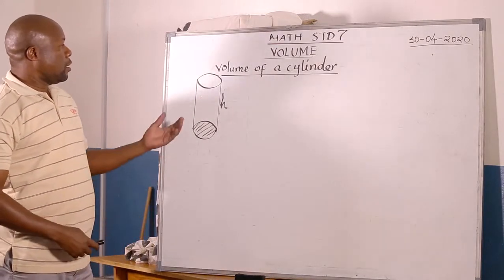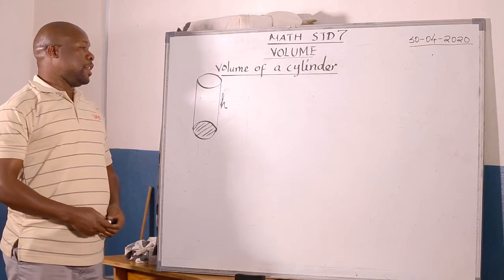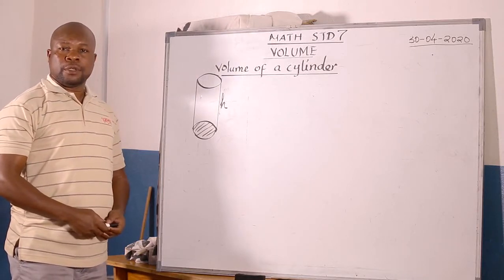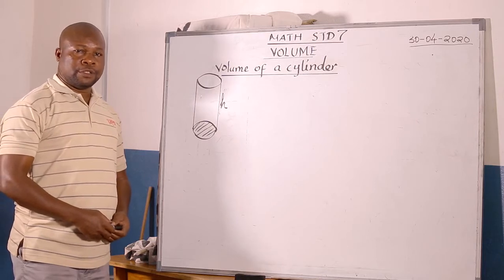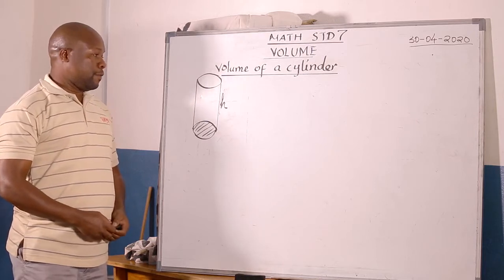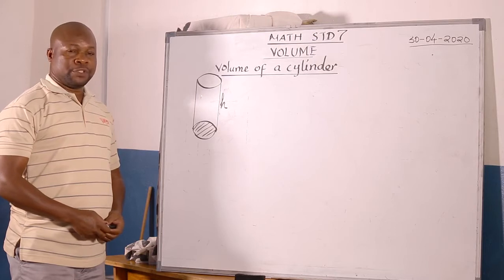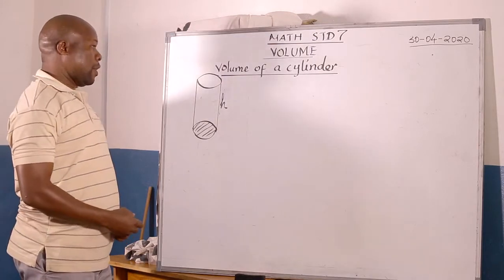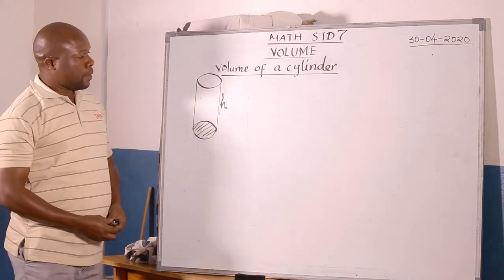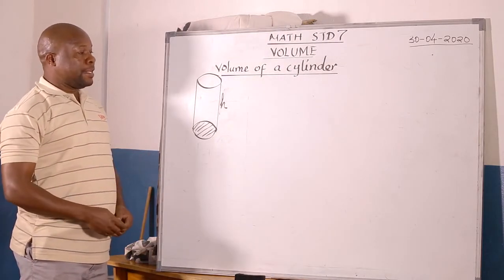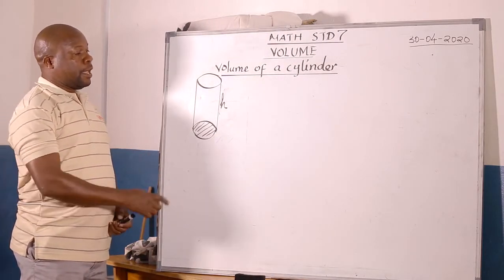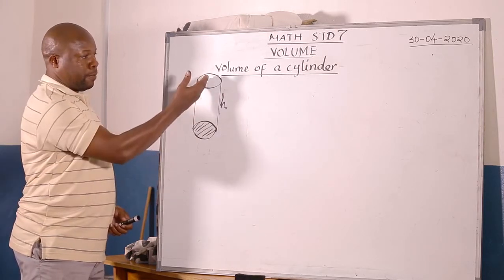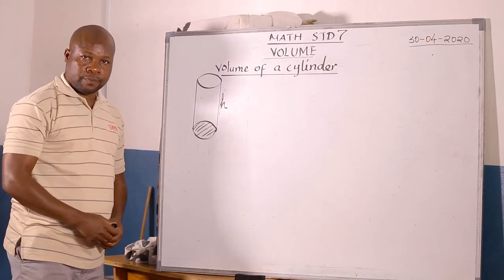Now, given a cylinder and asked how to calculate its volume, first of all, put into consideration what a cylinder is. A cylinder, as it explains by itself, is a cylindrical shape with the top and the bottom.